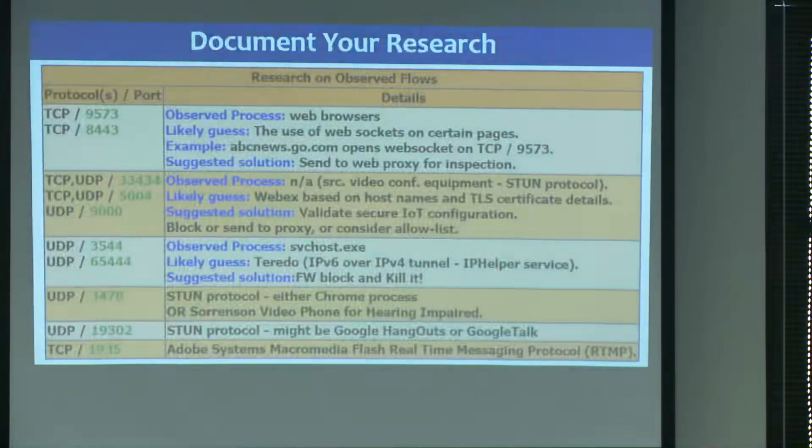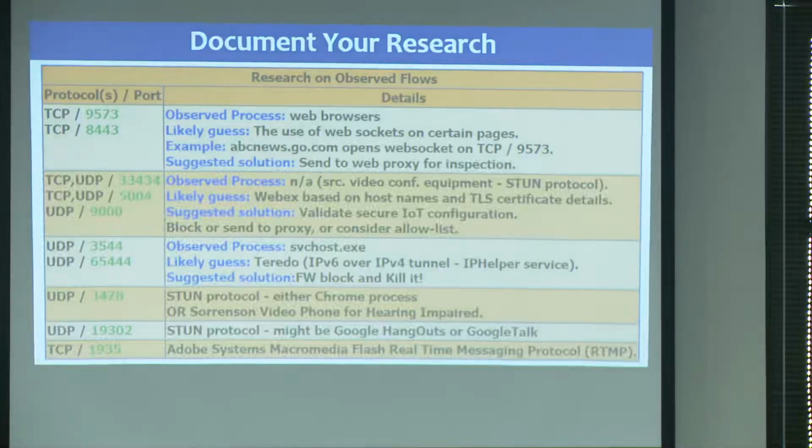As you go and do this analysis, I recommended you take notes, right? And I put it on the website as well, where if somebody is looking at the 8443 and 9573, those were like 2 in the top 5. That actually happens to be WebSockets.